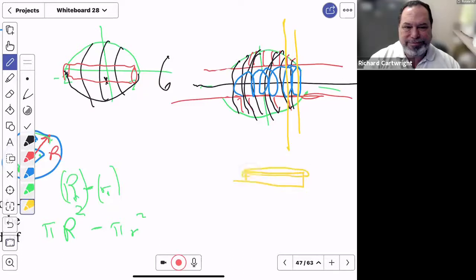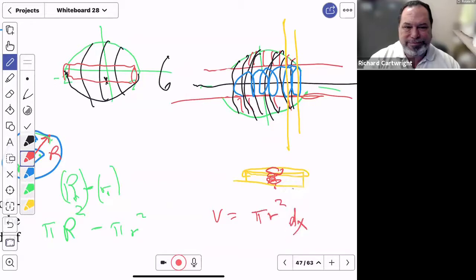But what you don't see is that there's a hole all the way down. And the volume of that hockey puck, when it was a solid, was just pi r squared dx, pi r squared h.